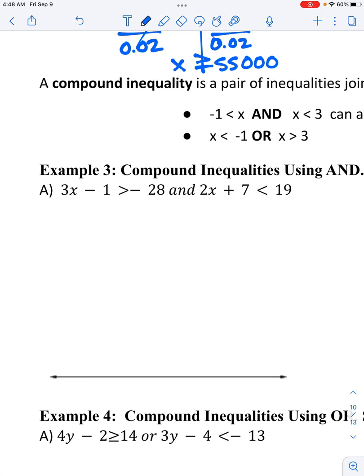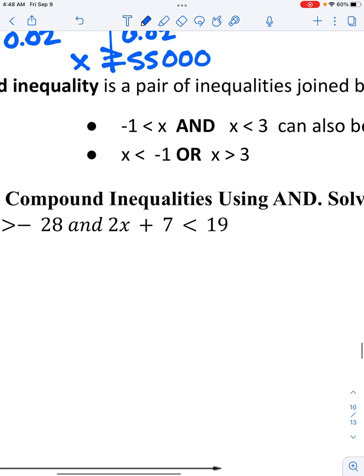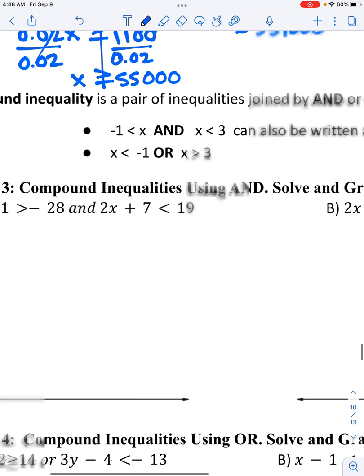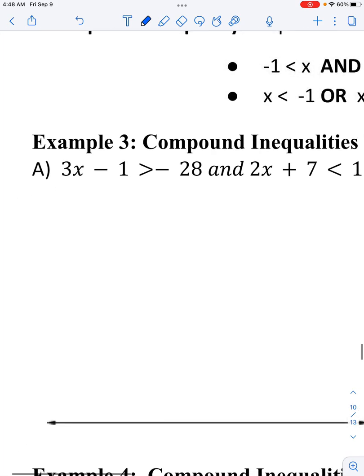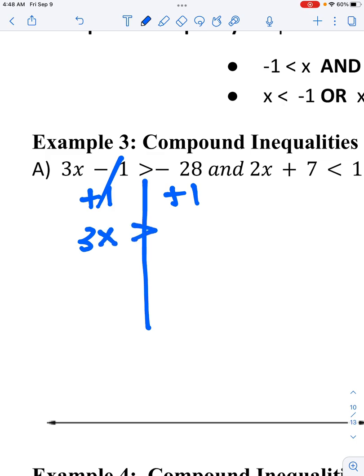To be able to write this compound inequality, the single one, we would need to solve each one separately. So if I add 1, then that would be negative 27. And then divide.